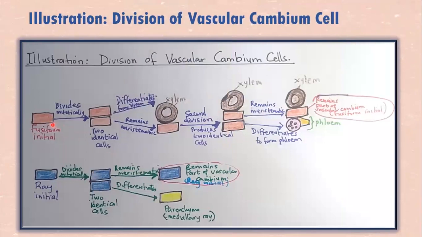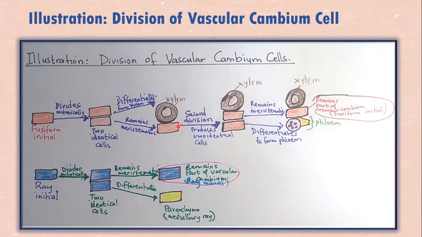The fusiform initial divides mitotically to form two identical cells, as all meristematic cells do to bring about growth. One of the cells differentiates to form the xylem, and the other cell remains meristematic to go through a second division.